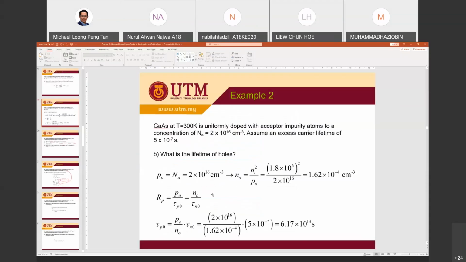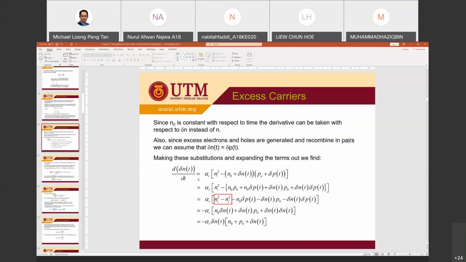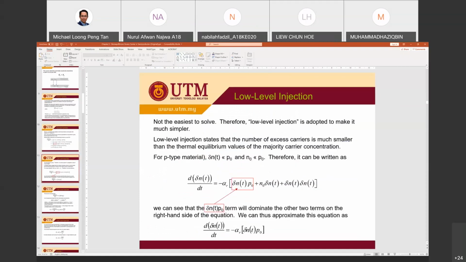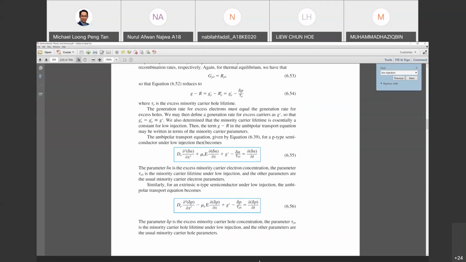Before that, let's see what we solved earlier on. Something quite similar to here. This is one of these equations. This is the part that we solved here, d over dt. So the long-winding explanation in the PowerPoint, and also in Neamen's book, the objective is to get this equation.